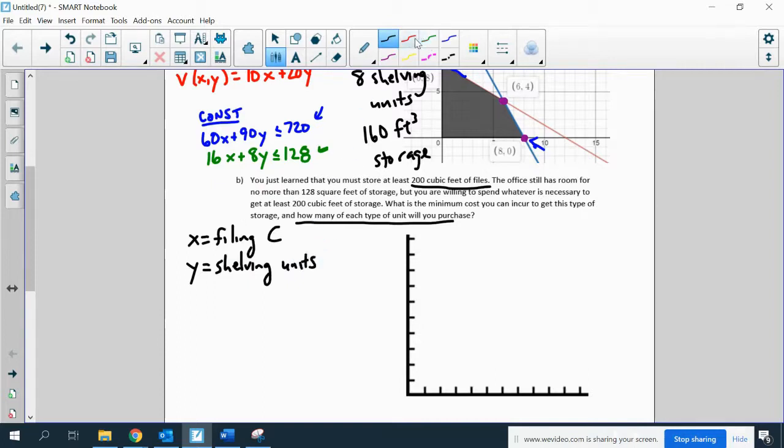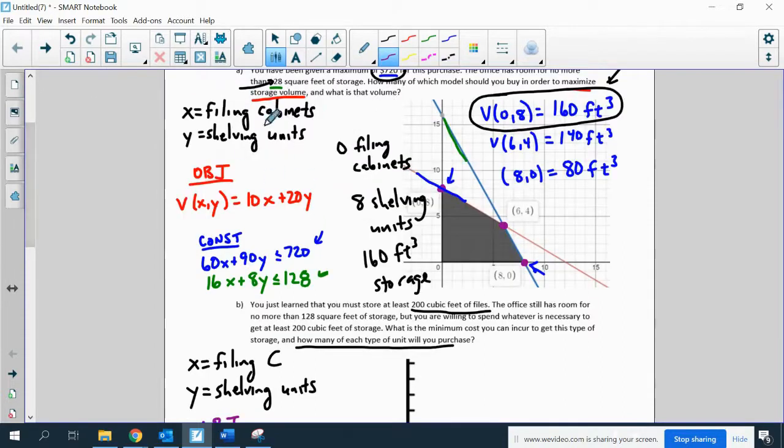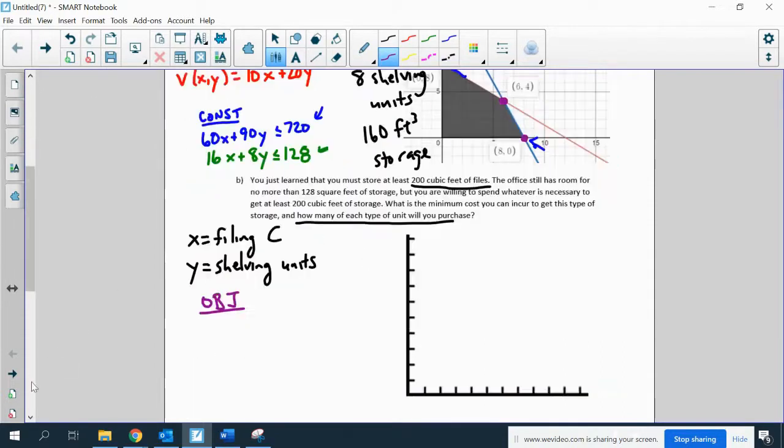But our new objective has changed, because we used to want the maximum volume given a cost, but now we know we have to have at least 200 cubic feet of files. So now the objective is, what is the minimum cost to be able to get that amount of files?